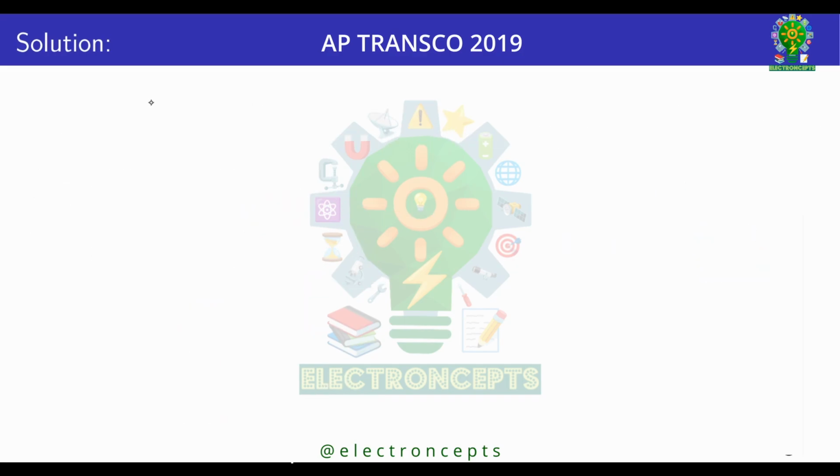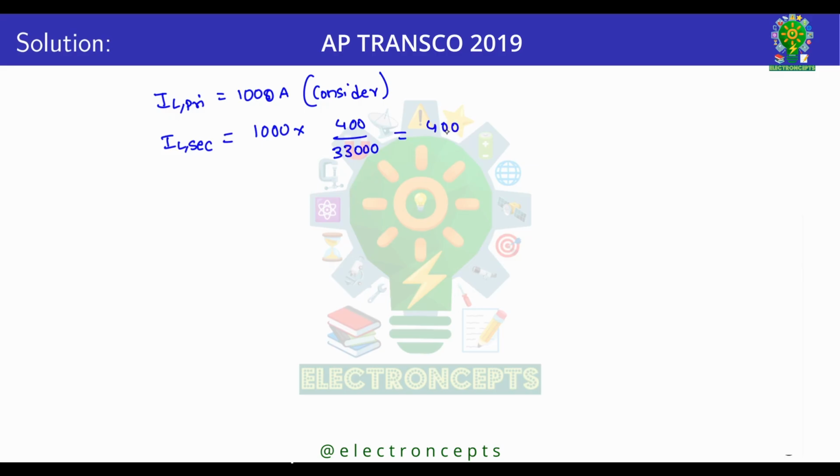For the sake of simplicity, let us consider the line current flowing in primary current is equal to 1000 amps. Now, by using the above formula, the secondary side current IL is 1000 into 400 by 33 kV, which is equal to 400 by 33 amps.